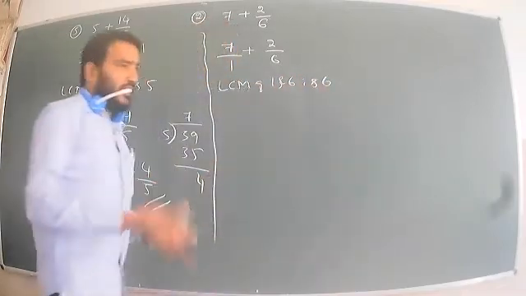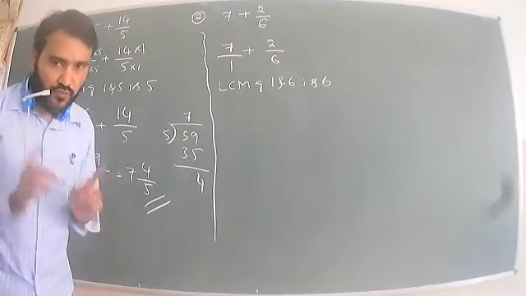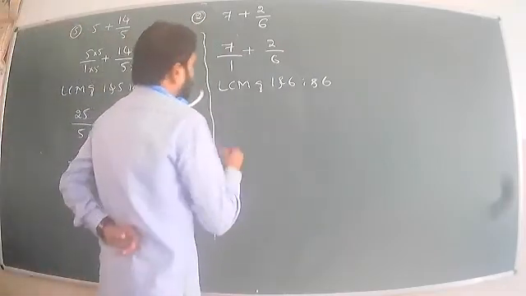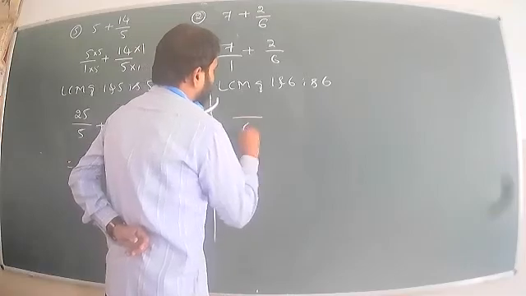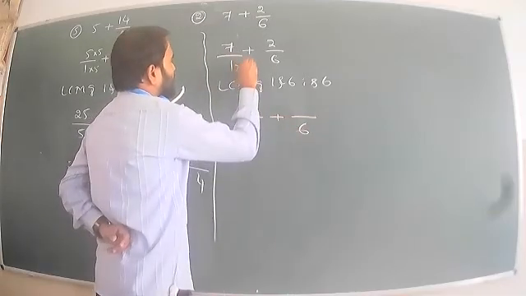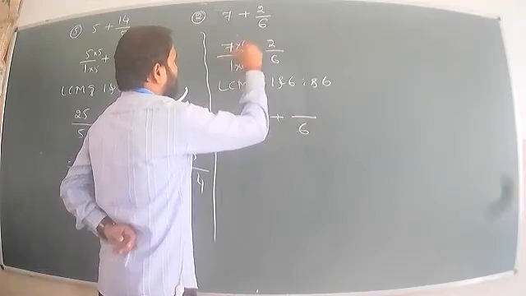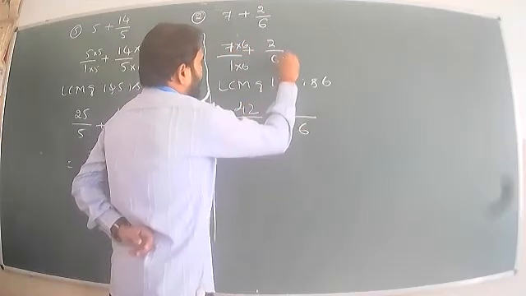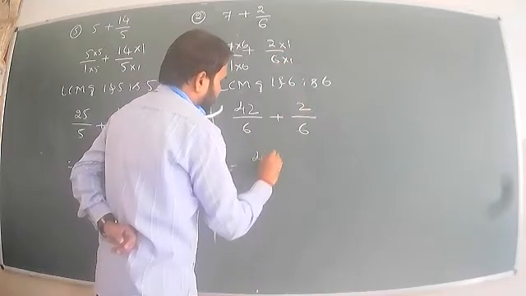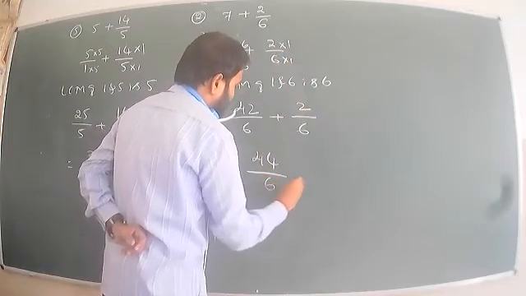Denominator is 6. 1 times 6 is 6. For the numerator, 6 times 7 is 42, plus 1 times 2 is 2. So we get the answer 44 by 6.